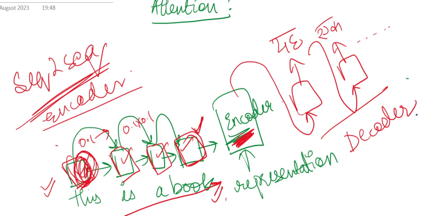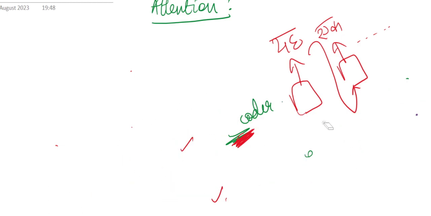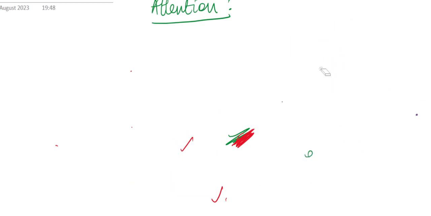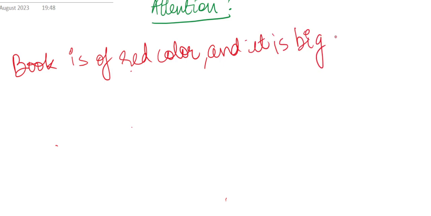Now, to reduce this disadvantage, a new model came, which is called attention. Now, what does attention do? Let's say my sentence was, book is of red color and it is big. Book is big.